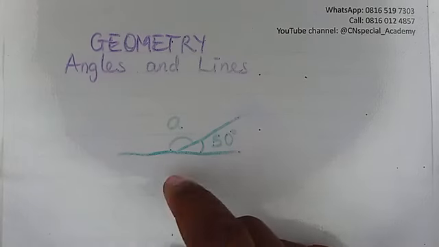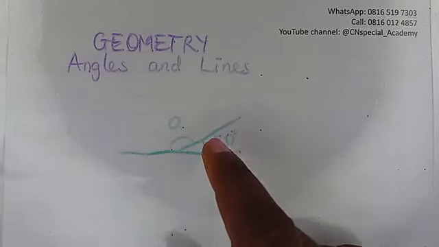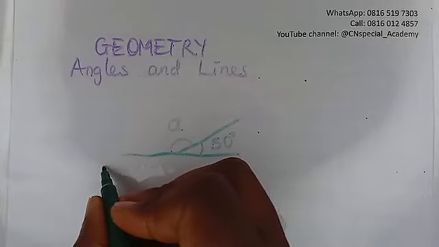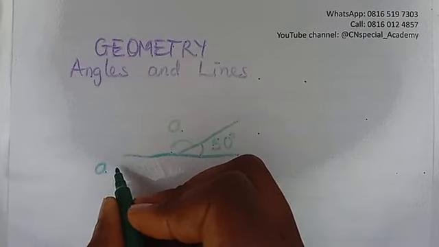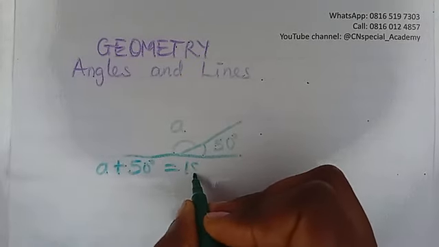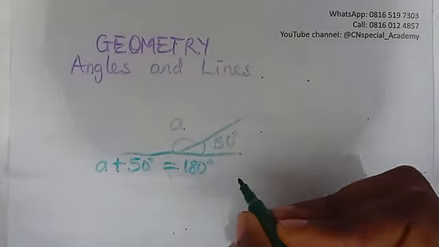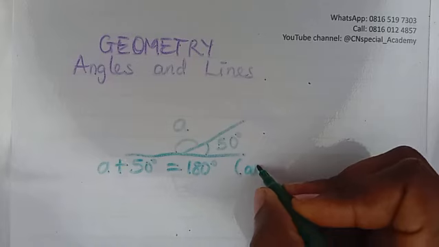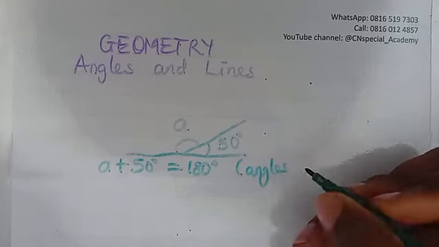Now in this example, we are given angle A and this other angle to be 50 degrees. So to find angle A, we are going to say that A plus 50 degrees is equal to 180 degrees. And let's give our reason for saying this: angles on a straight line.